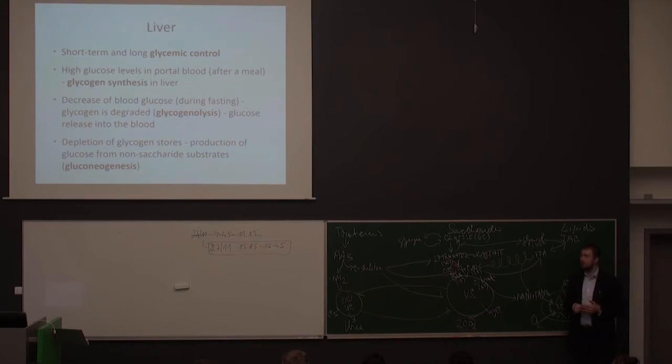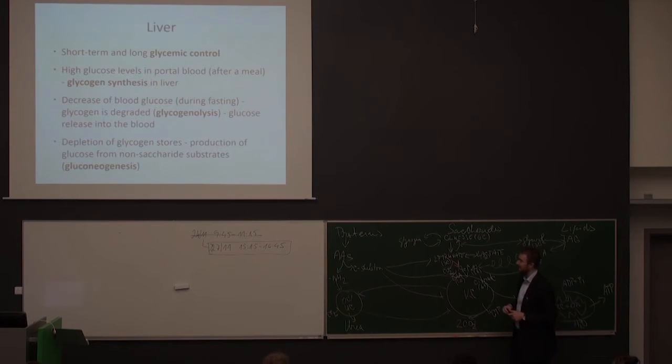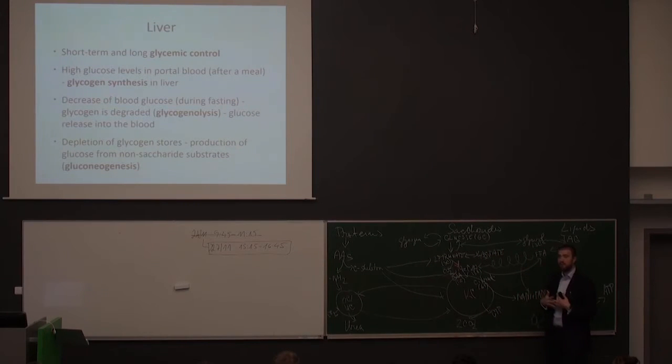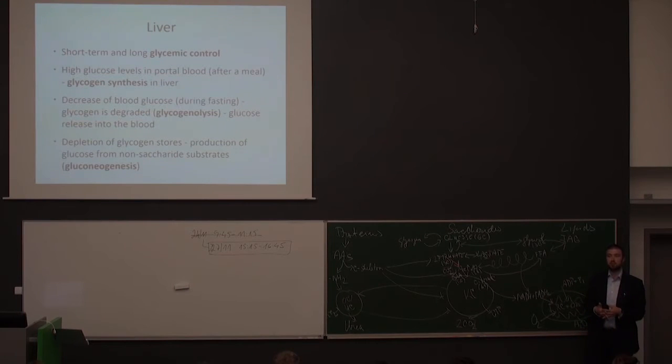If you look here at the scheme, we also have the answer how the liver cells are doing it. If you eat some saccharide-rich food, for example pasta, you know that pasta has a lot of sugar inside, and you have the rise of plasma glucose, the typical reaction that proceeds inside the liver is the synthesis of glycogen. That means you take the glucose molecules from the blood and you incorporate them into glycogen inside the liver.